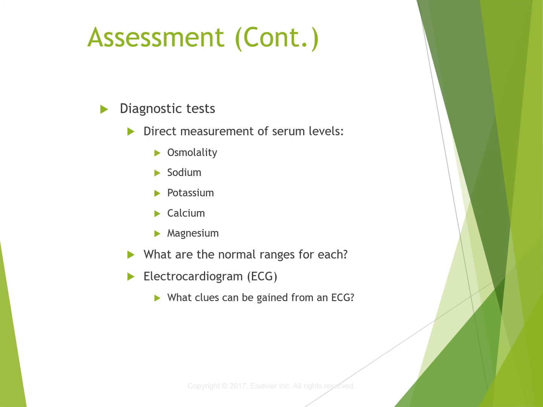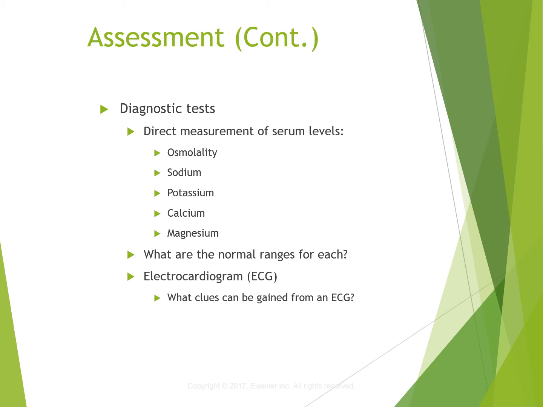Okay, so we have direct measurements of serum levels, and that would be on page 70. So, let's go over normal ranges again. For potassium, it is 3.5 to 5.0. I think I already stated the sodium is 135 to 145.